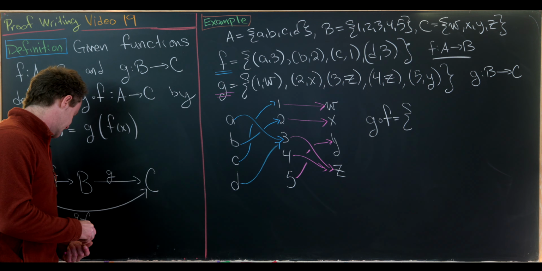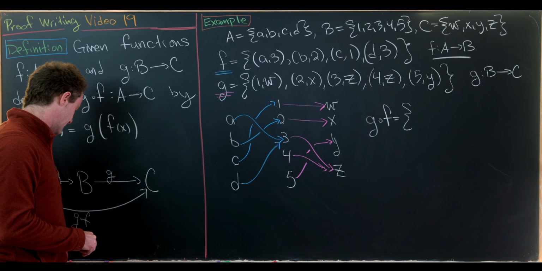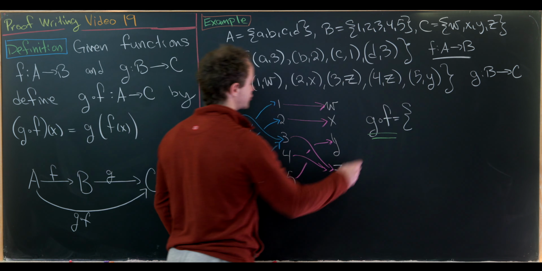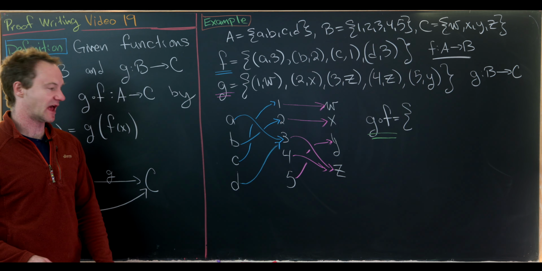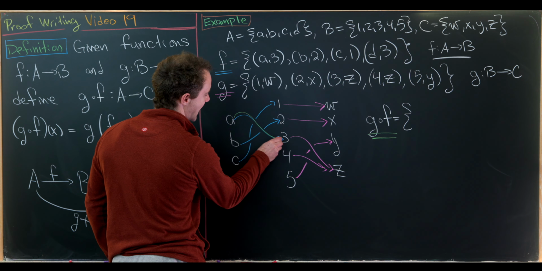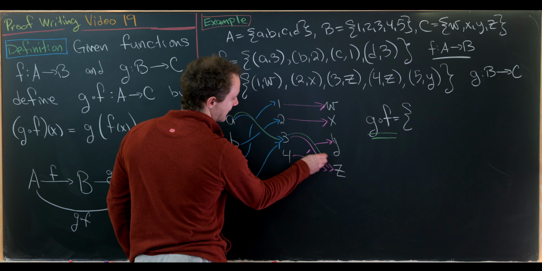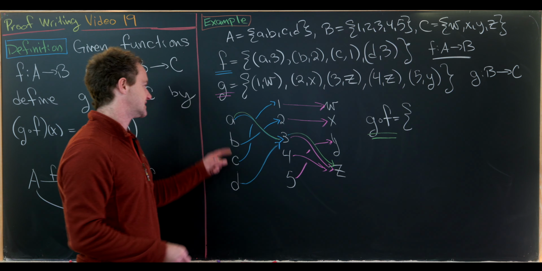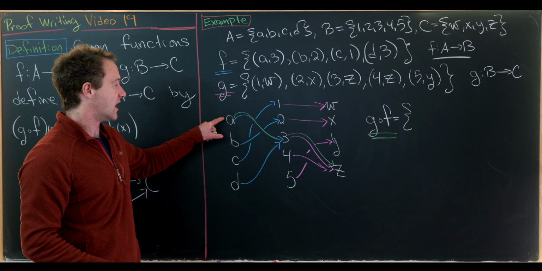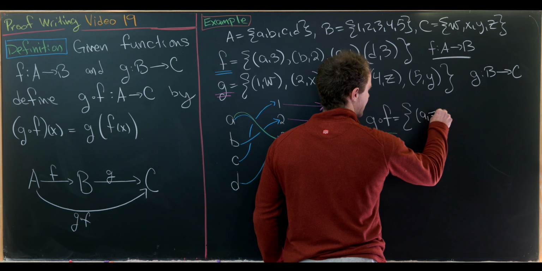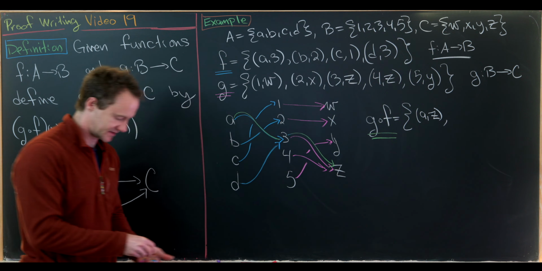Hopefully this shouldn't be too bad. Maybe we'll cut out the middle in green and trace what happens to the elements of A. Notice that this element a goes to 3 and then all the way down to Z. So that tells us that g composed with f of a is Z, which means we have the ordered pair (a,Z) in this set.